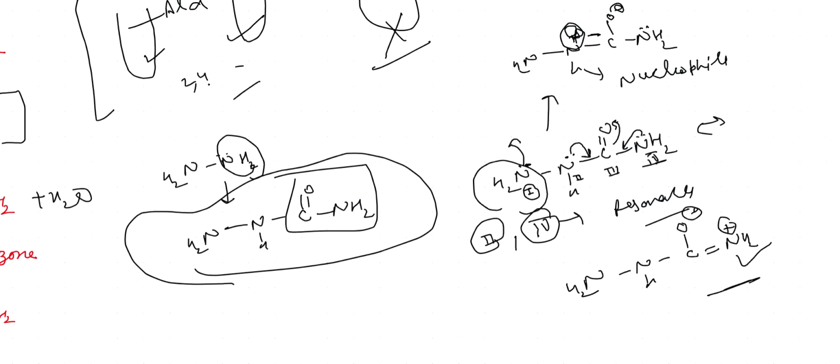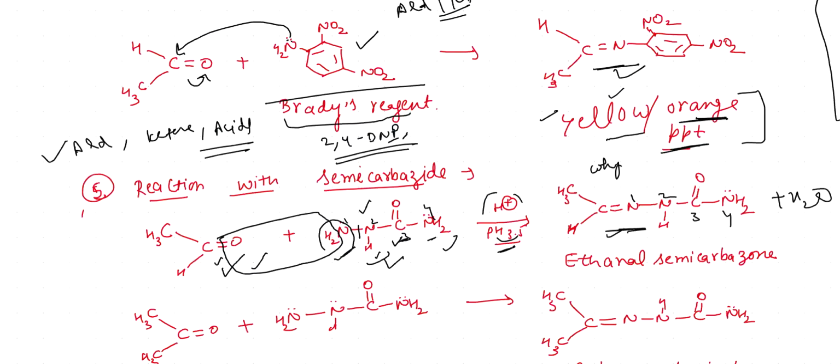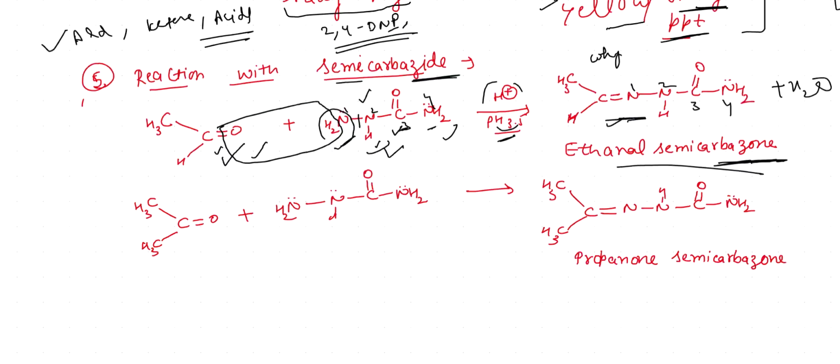Look at the product. Yes, it is ethanol semi-carbazone. As the reagent is semi-carbazide, but the product name is semi-carbazone. Okay. The next example is propanone. When it is reacting with semi-carbazide, then the product you get is propanone semi-carbazone.